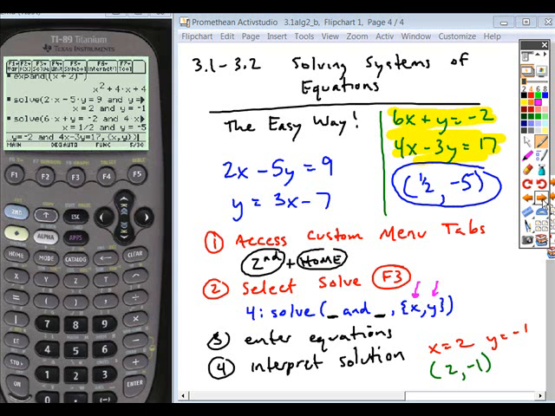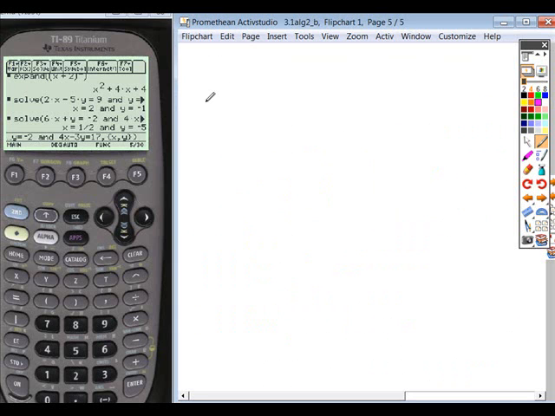But let's say the last example that I want to do is, let's say you have 6A and 3B.